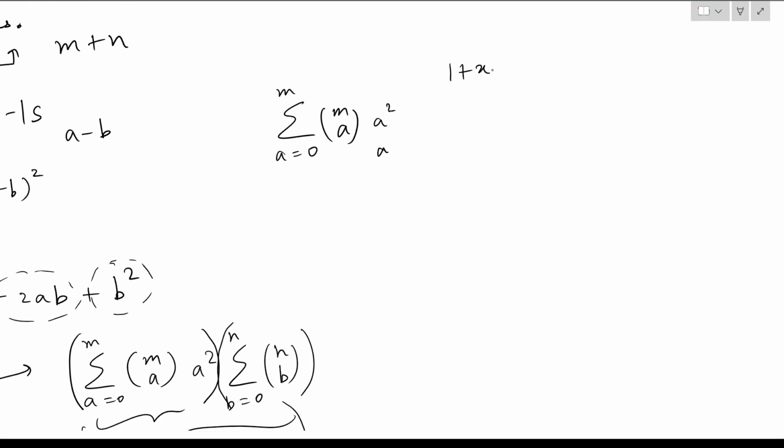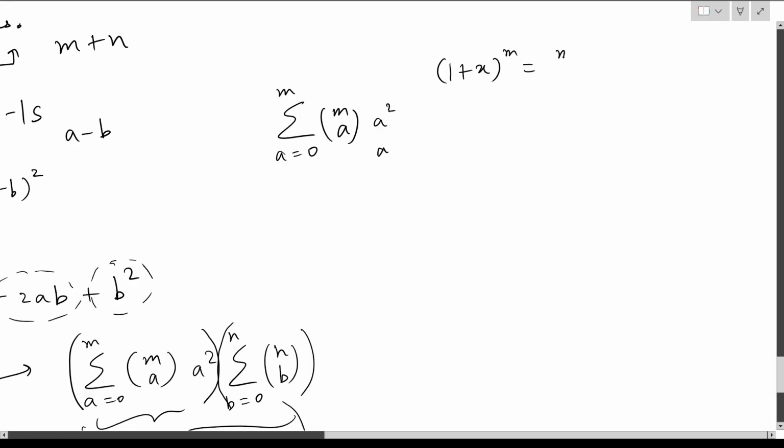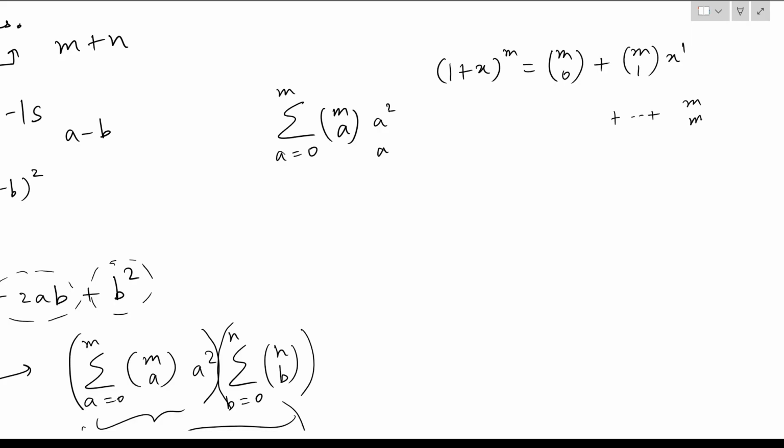So we can write 1 plus x to the m as m choose 0 plus m choose 1 times x to the 1 all the way till m choose m times x to the m. And evaluating this at 1 actually gets us the regular 2 to the power m.